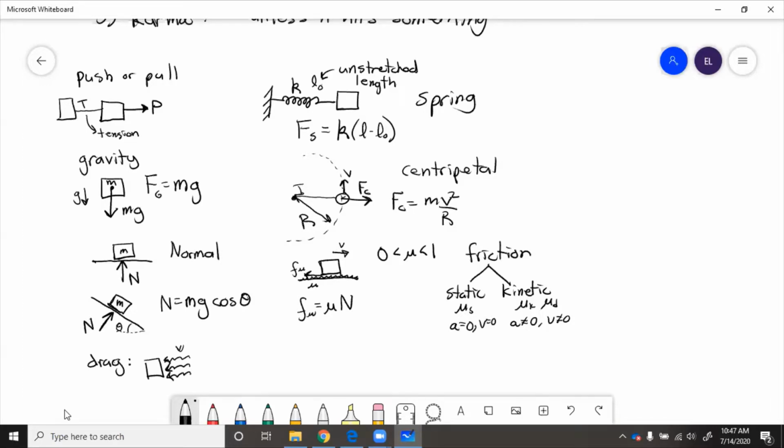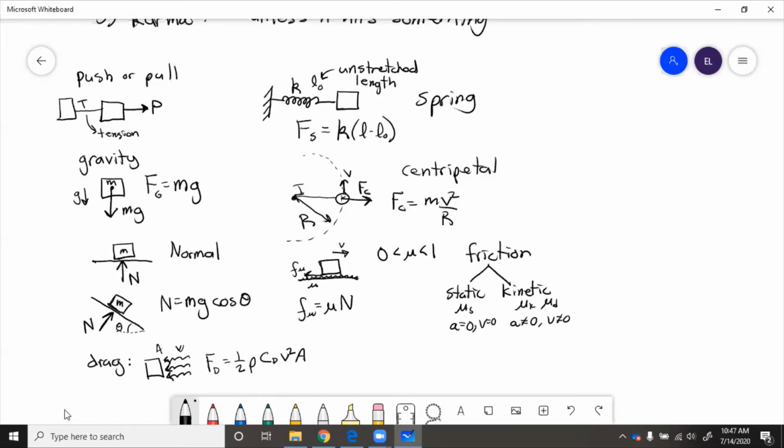It's blowing at it with some velocity v, and it's got an area A. The drag force equals 1/2 rho CD v squared A, where CD is the drag coefficient. Rho is the density of the fluid, so density of air, density of water, whatever that fluid is. V is the relative velocity of the fluid to the object.